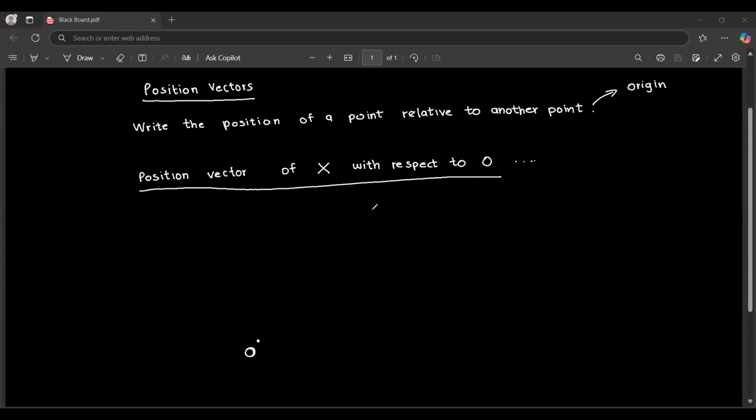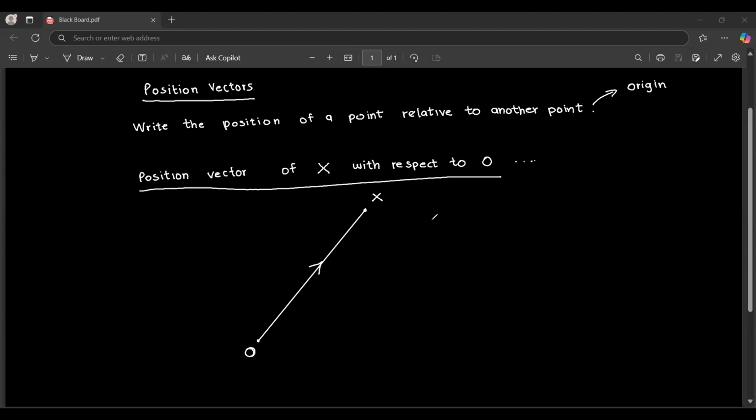But for the argument, let's say x is here. The position vector of x means that when you connect these two points, you form a vector, and that vector is the position vector of x. This is very important because when we are talking about displacement, velocity, acceleration, or force, this is going to be very useful. That's why we learn position vectors.